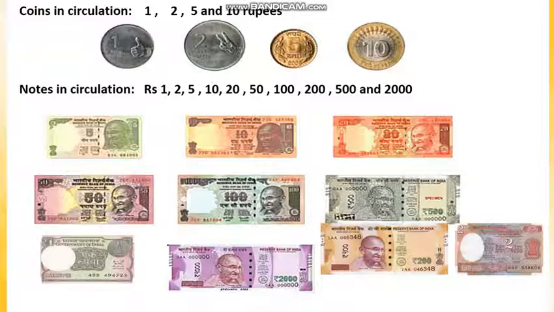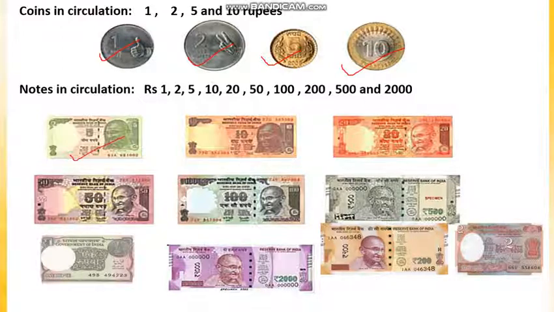Coins in circulation. Look here. This is a 1 rupee coin, 2 rupees coin, 5 rupees coin and 10 rupees coin. Coins of 1 paise, 2 paise, 5 paise, 10 paise, 20 paise, 25 paise and 50 paise are not in circulation. Notes in circulation.